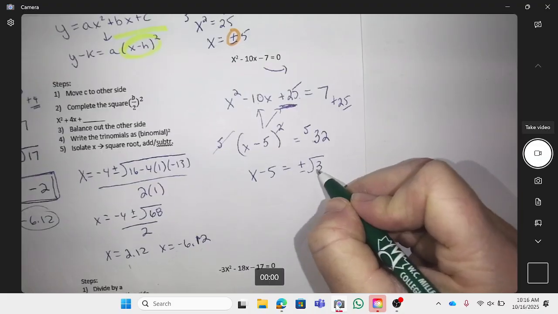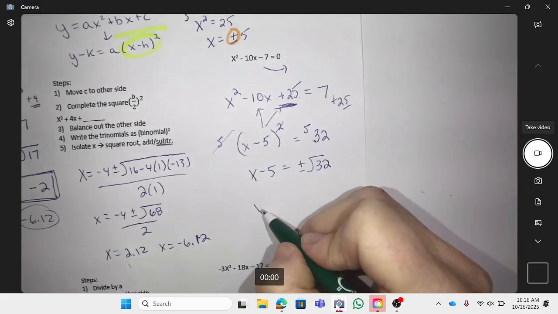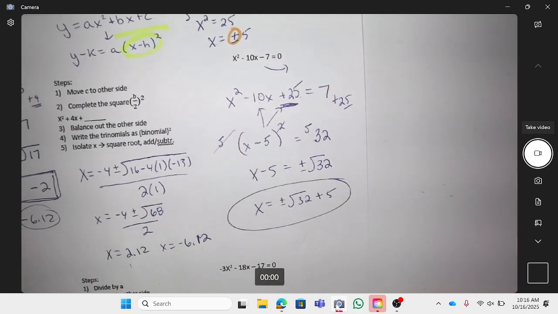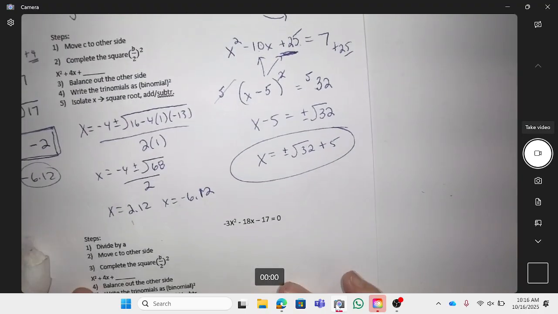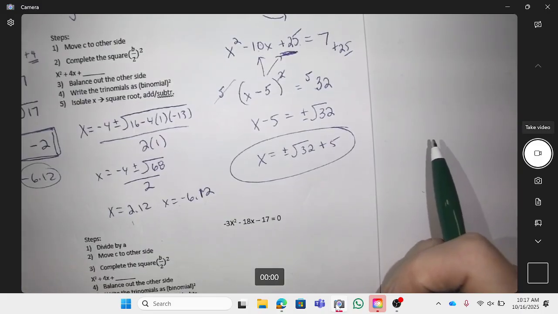And I'm not going to forget about this having two answers to it. Okay, how's that? That was a simple trinomial.